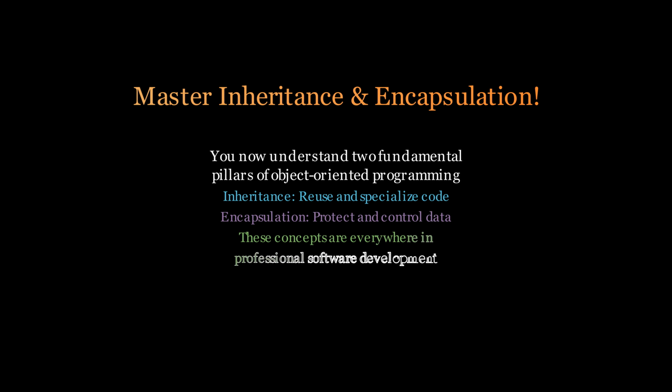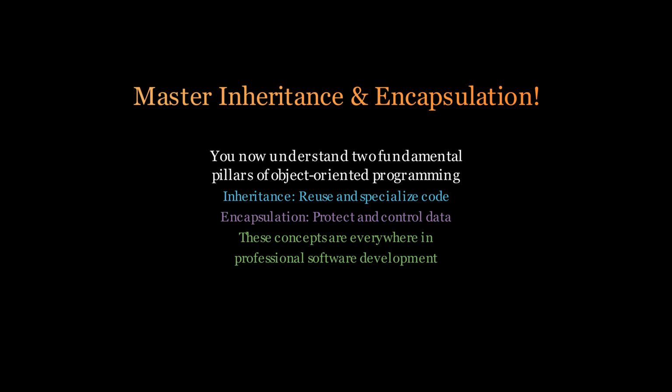Congratulations! You now understand two fundamental pillars of object-oriented programming. Inheritance lets you reuse and specialize code through class hierarchies. Encapsulation lets you protect and control data through access modifiers and properties. These concepts appear everywhere in professional software development, from web frameworks to game engines.